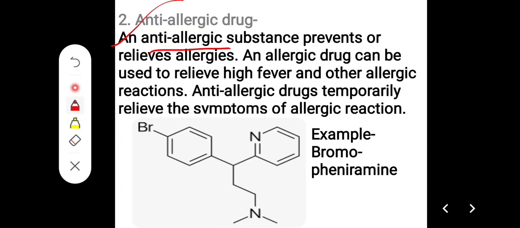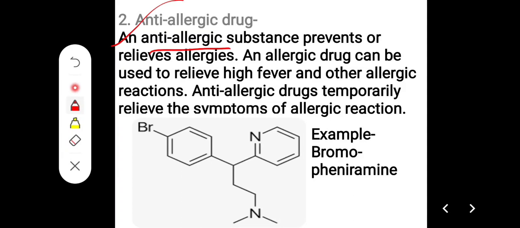Sometimes some people have allergies due to dust, due to mango, due to many types of allergies from food or dust. So sometimes the allergy is in an extreme range and they get fever due to allergy. So this fever is also controlled by this anti-allergic substance.